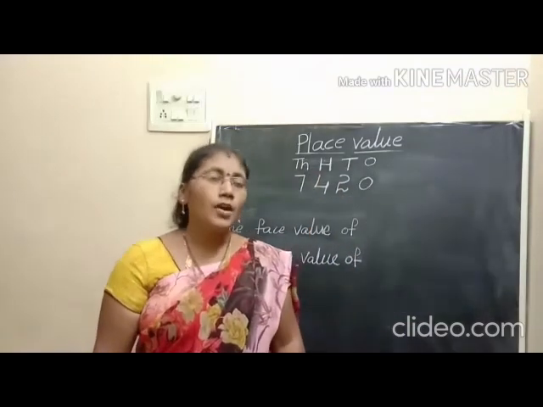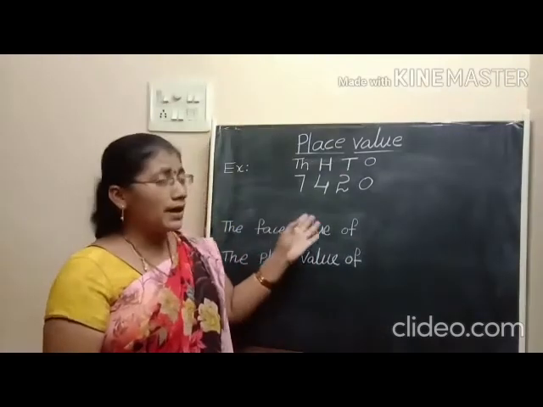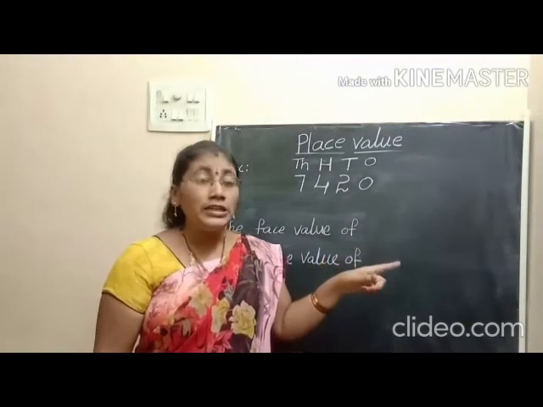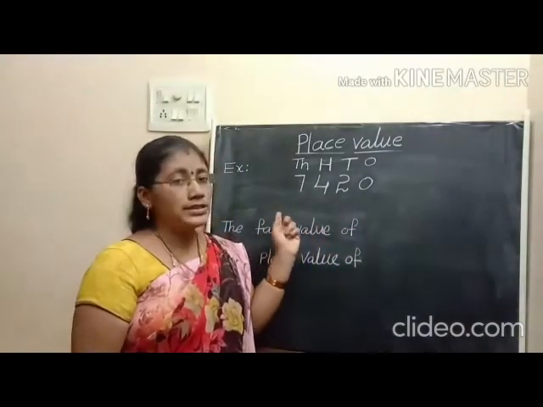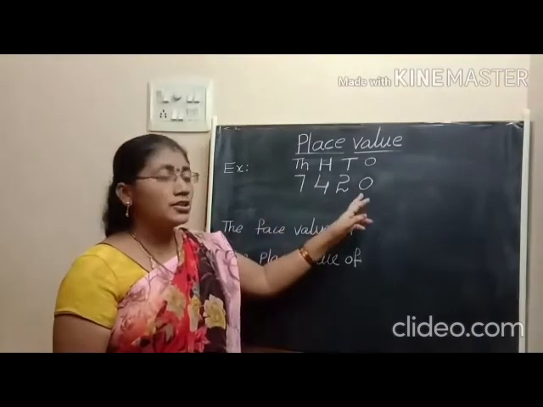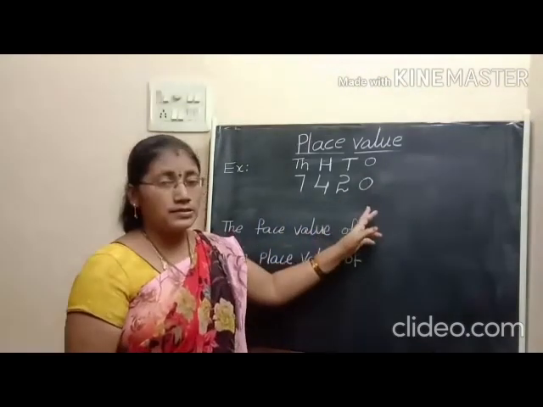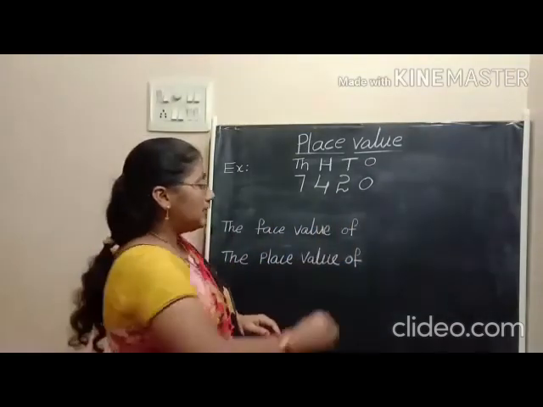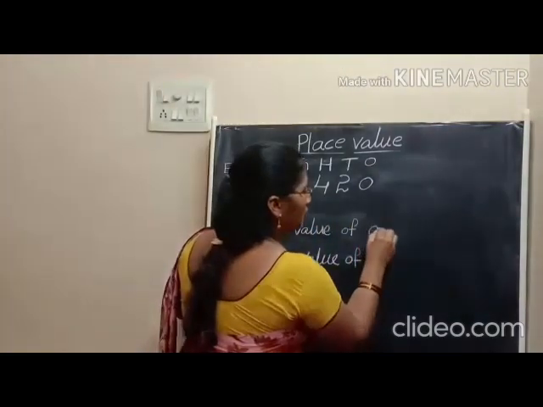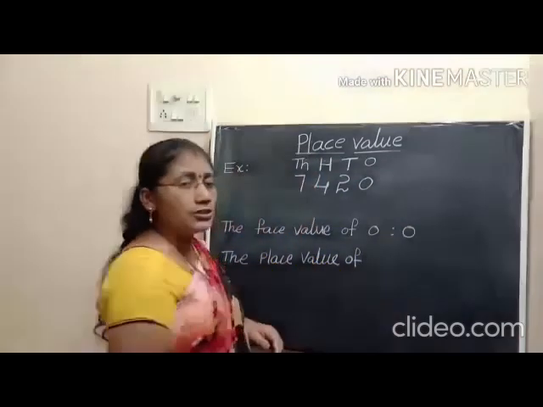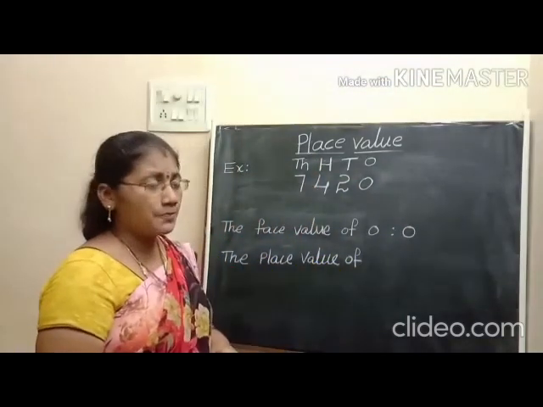Children, now I am going to explain the place value of 0 if it is in different places of the number. First I am taking 0 at ones place. The face value of 0 is always 0.